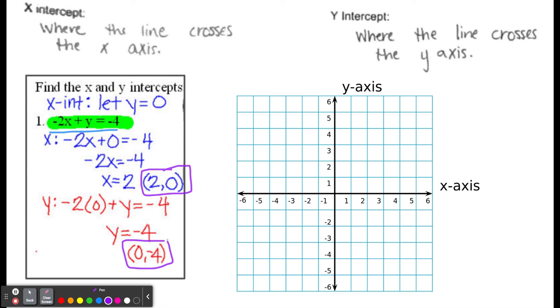And if I graph these 2 points, my graph should look like this. Here's (2, 0), (0, -4). Connect my ordered pairs, my plotted points, with a line, and our equation -2x plus y equals -4 has a graph that looks like this.